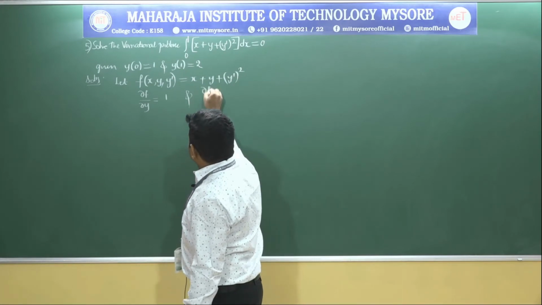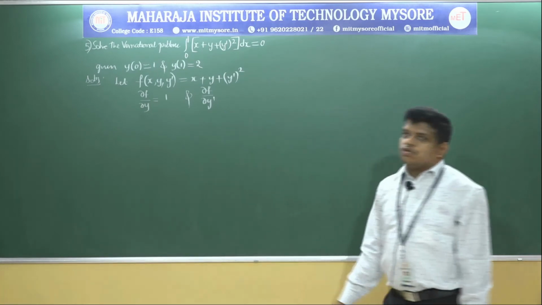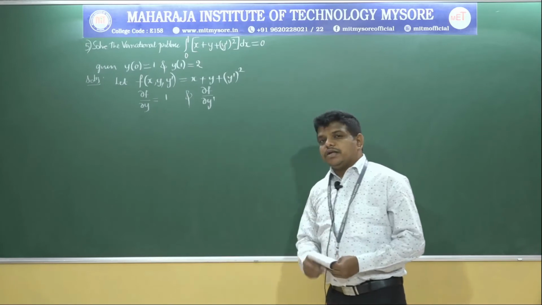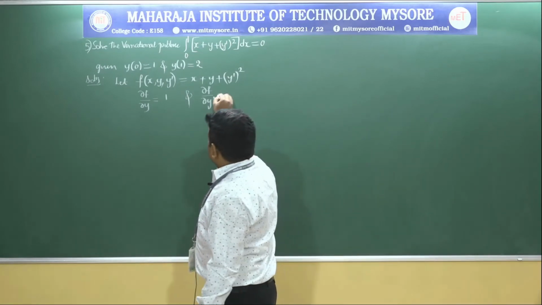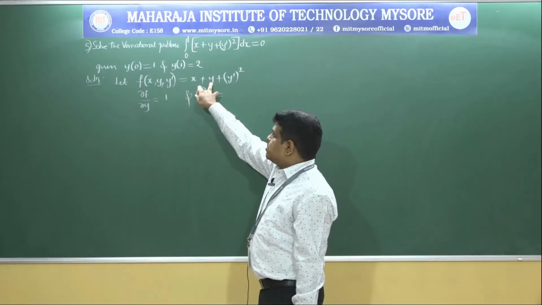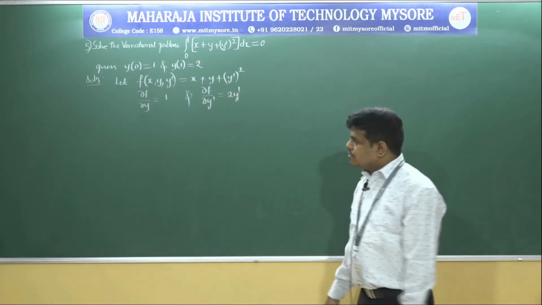And dou f by dou y dash, that is partial differentiation of f with respect to y dash: x and y are constant, the first two terms become 0, so you remain with 2y dash.